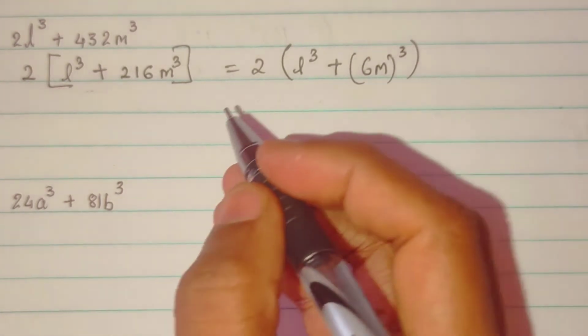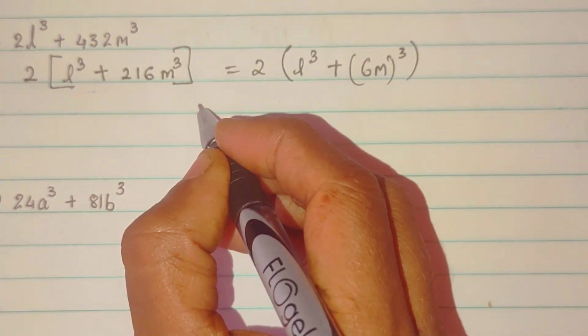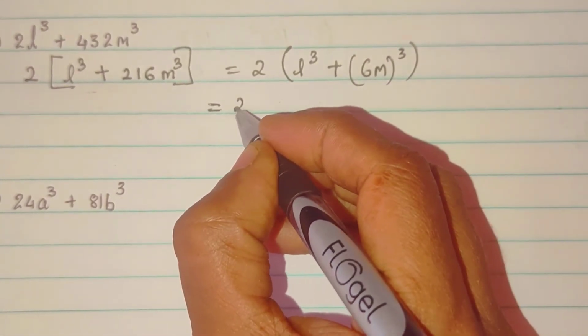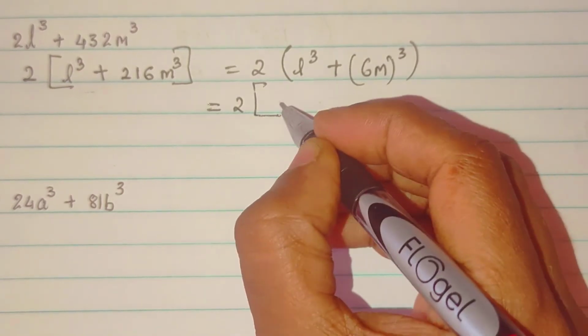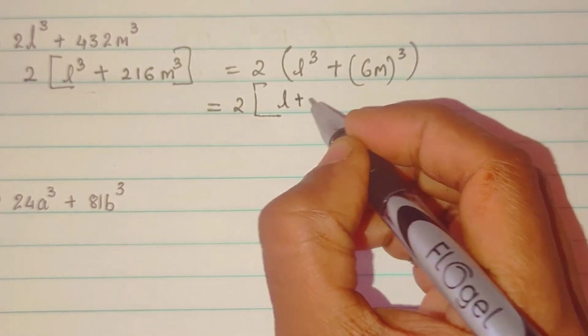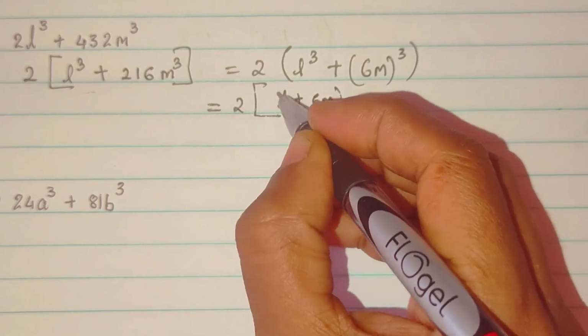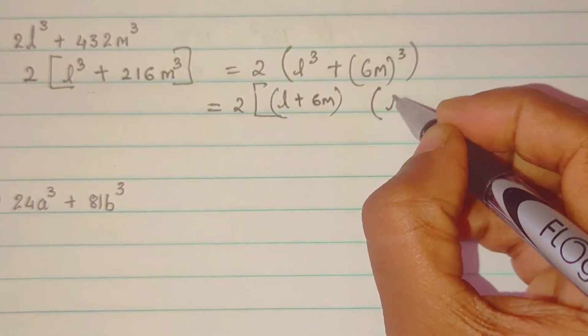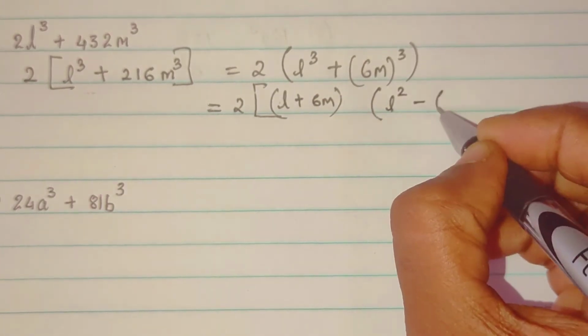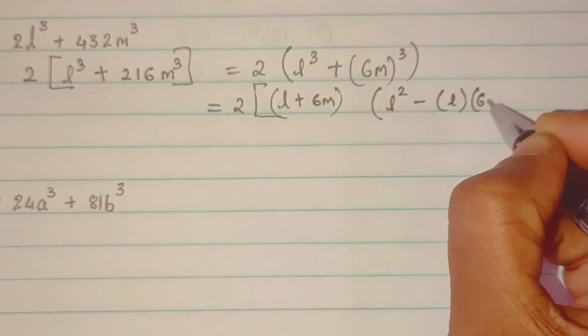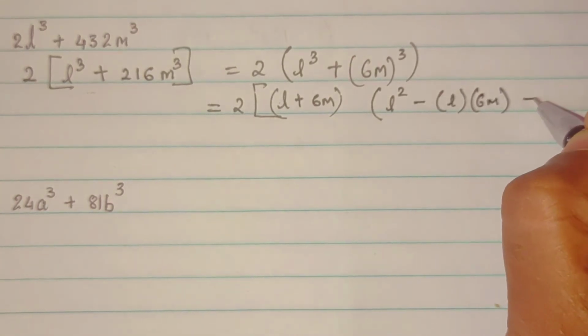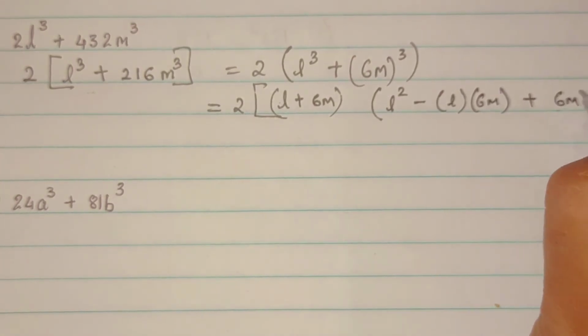So now by using the formula, 2 will be as it is, then a plus b as it is, then a square minus a into b, then plus b square.